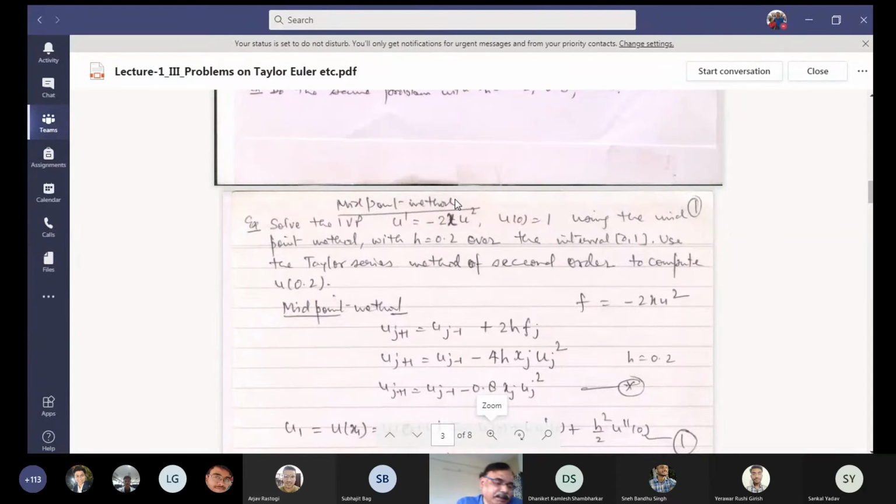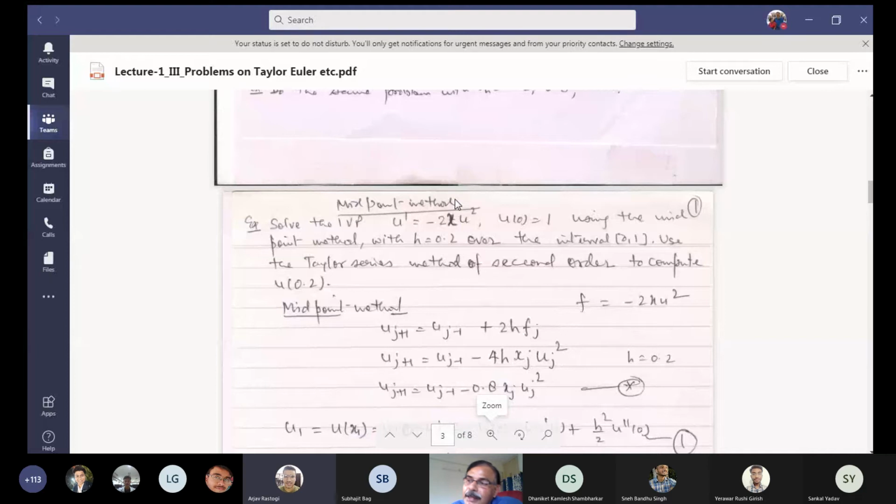Let me explain that. You have read one thing: a system of differential equations was there in your maths 1, maths 2 somewhere. Two differential equations together, yes. Ordinary differential equation. You must have seen how a second order differential equation can be converted into two first order differential equations, by factorizing.